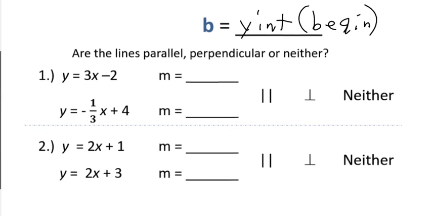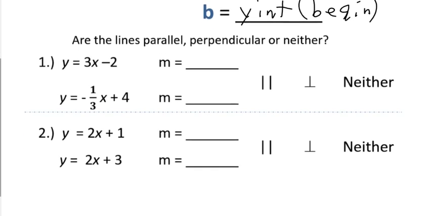So looking at these, where's my slope? Right here and right here. Very easy. M is 3 and negative 1/3. Well, they are not the same number, so they can't be parallel. That's a no-no.